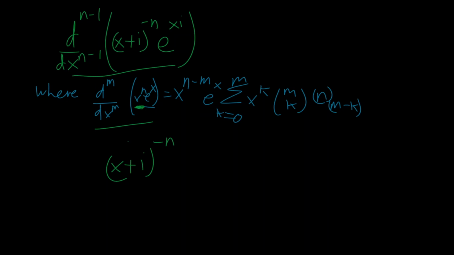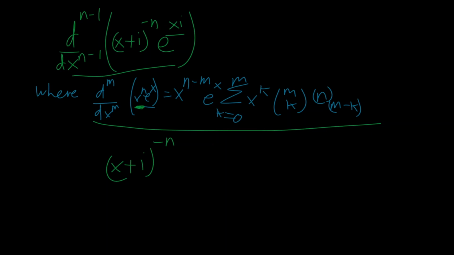But what does cause an issue is the argument of our exponential, this xi, because in our formula, we're differentiating with respect to the variable that e is being raised to, right? We're differentiating with respect to x, and we have an e to the x. There's no additional i there.